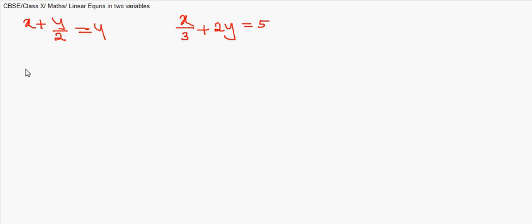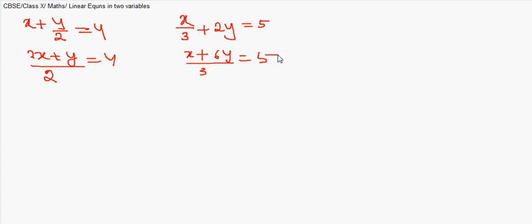In this case, if I take LCM, I will be left with 2x plus y equals 8. Here though, I will be left with x plus 6y equals 15. See, slowly we are progressing towards the linear equation form, and that makes our task easier.